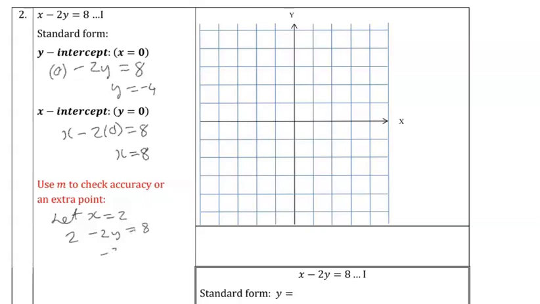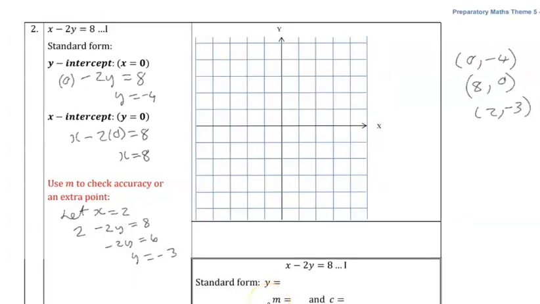So minus 2y is equal to 6 and y is equal to -3. So we have 3 coordinates here, and we can list it here. The first one is 0, minus 4. The second one is 8, 0. The next one is 2, minus 3.